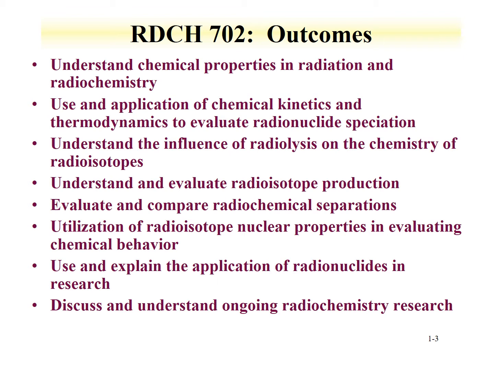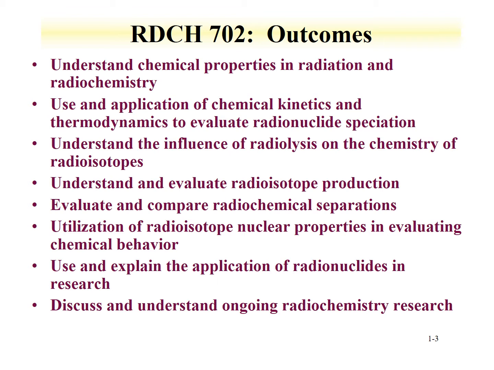Radioactive decay can change an environment, produce radicals that can influence the chemistry. Other topics include assessment and evaluation of radioisotope production and comparison and evaluation of radiochemical separations. Separations are primarily driven by oxidation state, and radioisotope production will be discussed through nuclear reactions. The nuclear properties of radioisotopes are the reasons that one would want to produce and separate them.